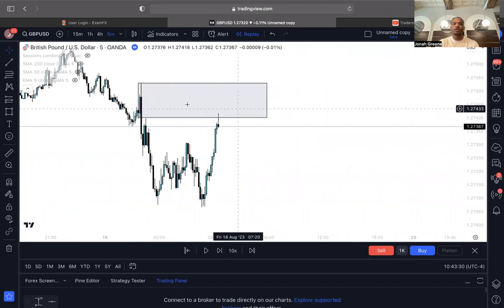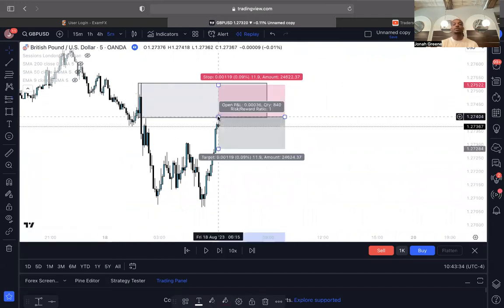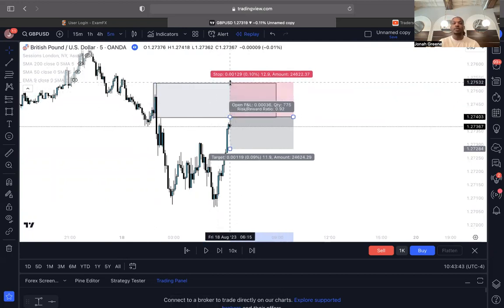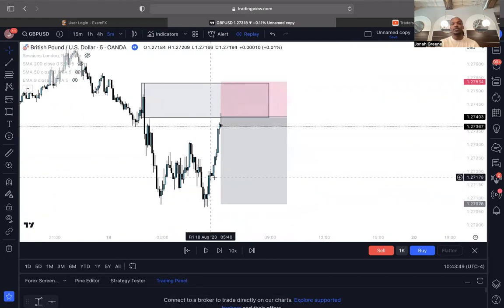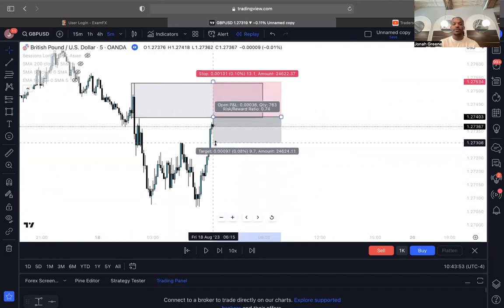All right, this is where you can get in the market. You short it once you see that rejection. Usually you want to see a rejection. You don't want to see a push up and a close. You want to see a rejection, because that's telling you that the market wants to continue down. Your take profit level can be right there if you want, or you could just go for a 1-to-1, as I said before.